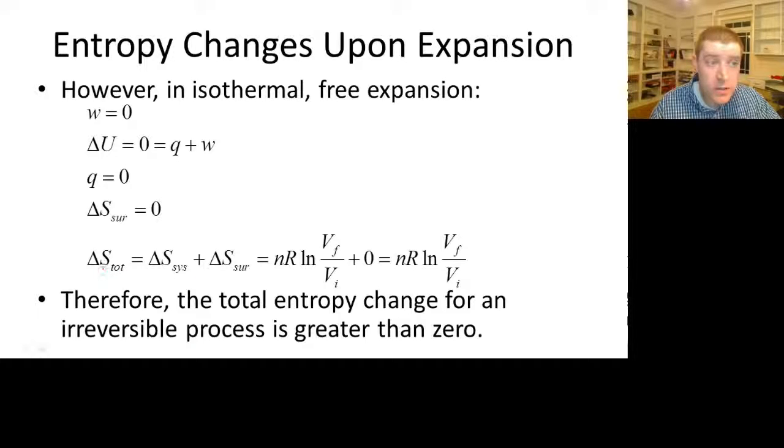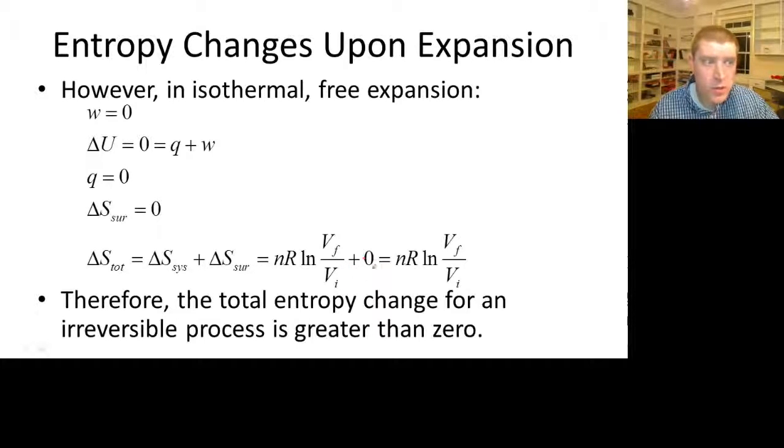And that means that the total entropy change of the universe, which is still equal to the entropy change for the system plus the entropy change for the surroundings, has to be equal to nR, the gas constant, times the natural log of the ratio between the final volume and initial volume, plus 0 for the surroundings.